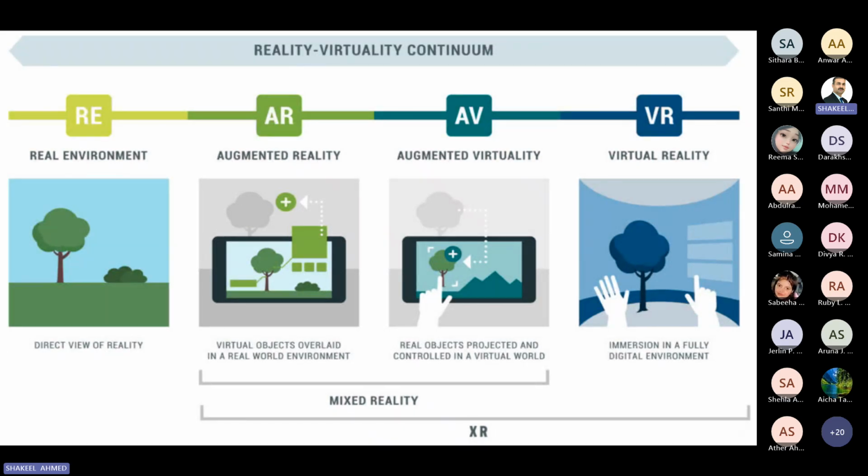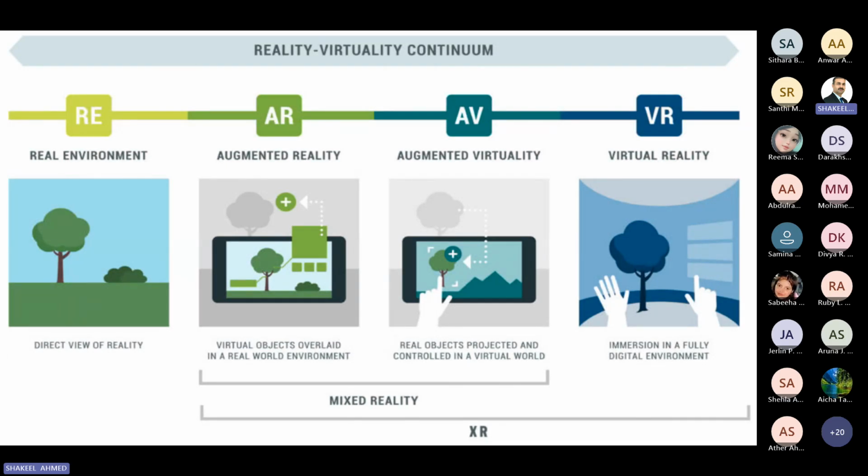On one end, we have the real environment, what we see naturally around us with no digital input. As we move forward, we add layers of technology. With augmented reality, we keep the real world but add digital objects into it, like placing a 3D model on your desk.